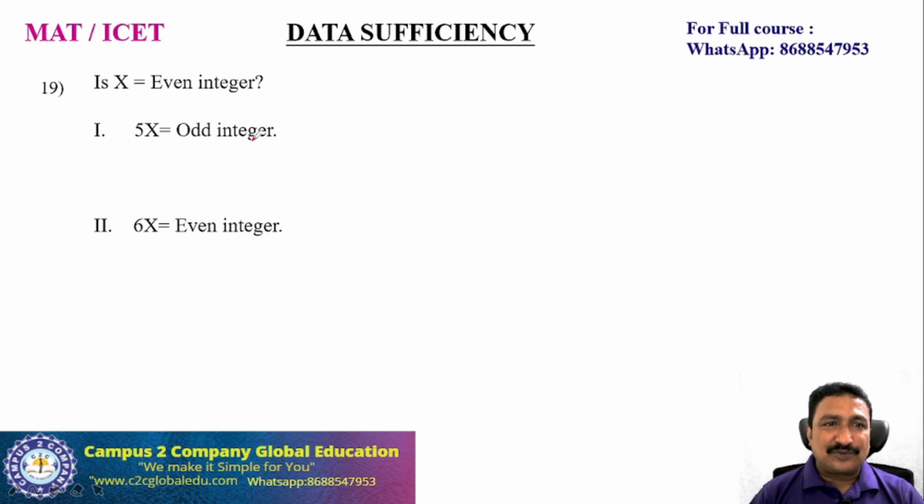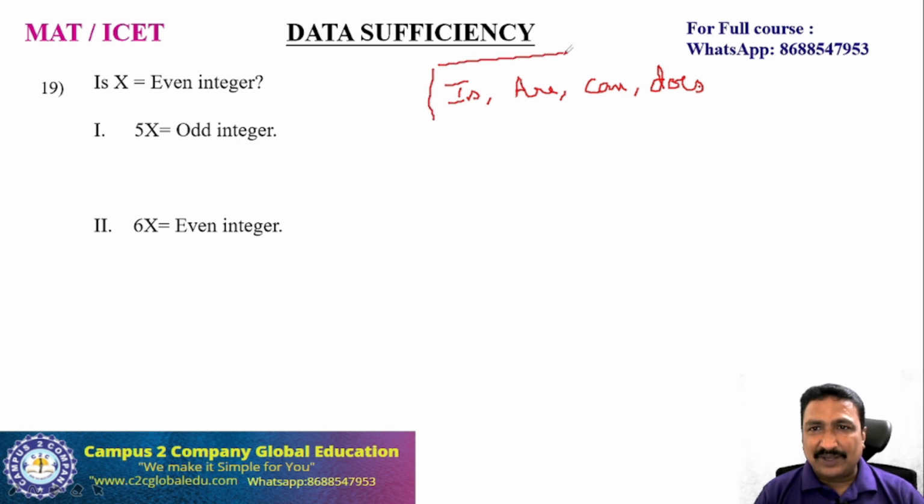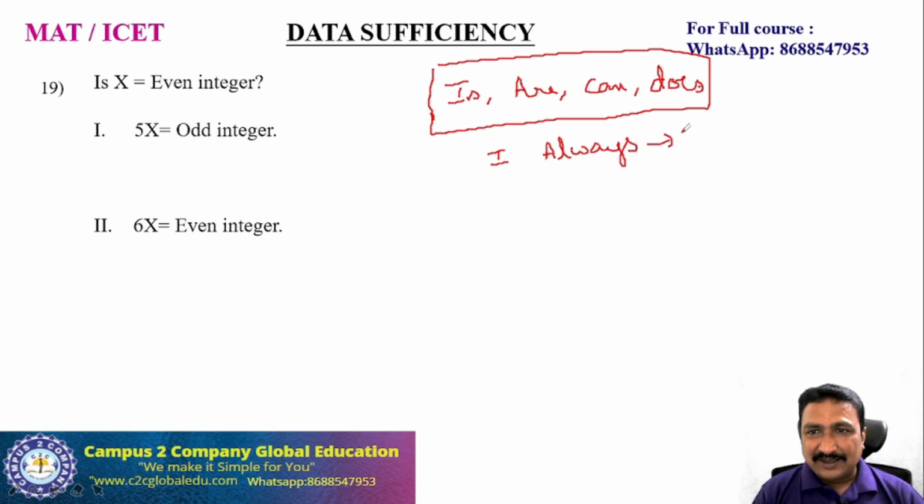Now look at the next question, friends. Is X an even integer? Whenever they ask questions like "is" or "can", very important, we have to give an exact answer. When can we give this answer? There are two situations. If you get always yes, we can say the answer.